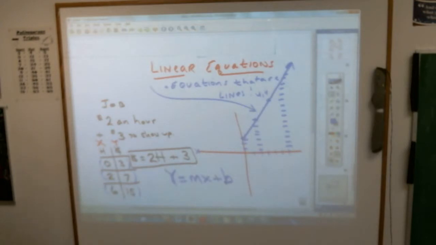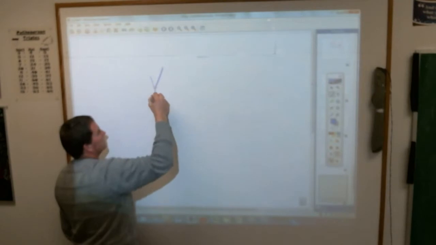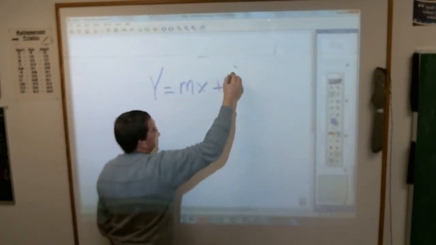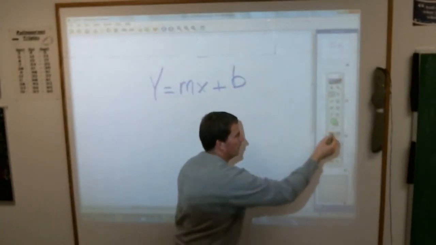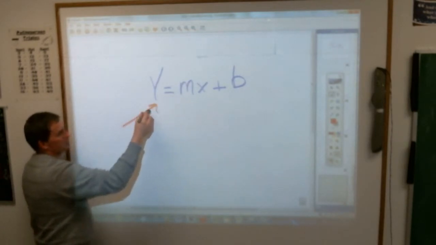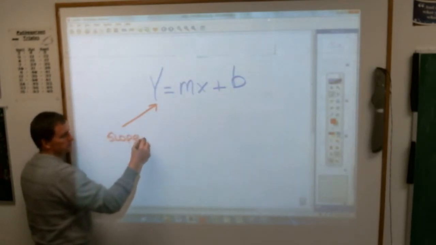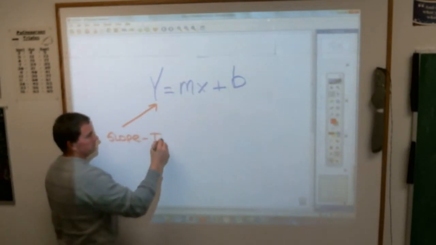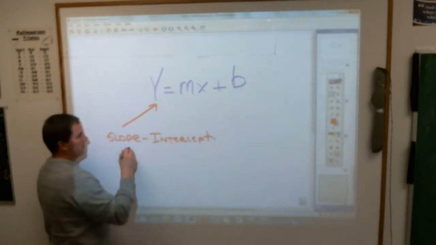As a matter of fact, that is worth so much weight, I am going to do it here. Y equals mx plus b. When you have this equation, it is called the slope-intercept form.